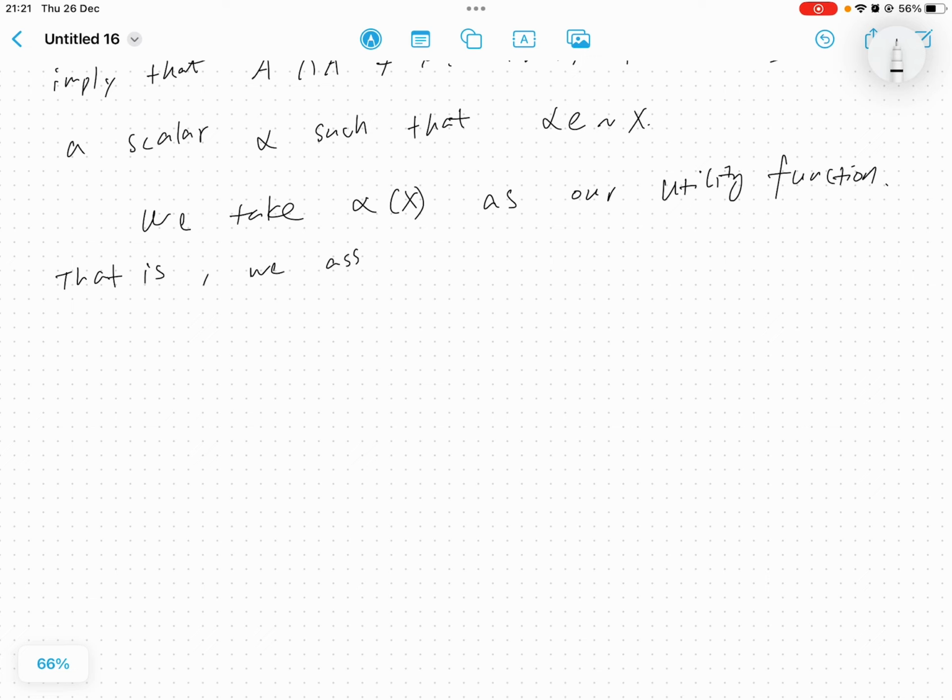We can assign a utility value, just some non-negative real number, u(x), exactly equal to f(x) for every x, right? Good. So this would be the utility.